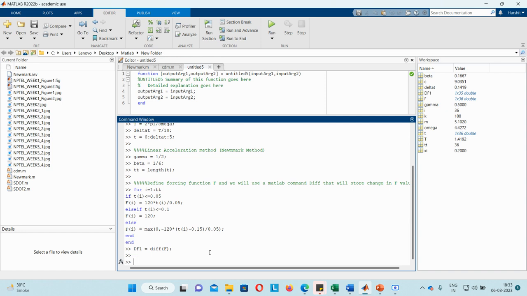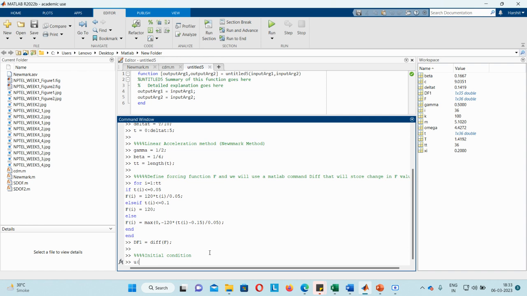So after this we will define the initial conditions of the system. So what are the initial conditions?